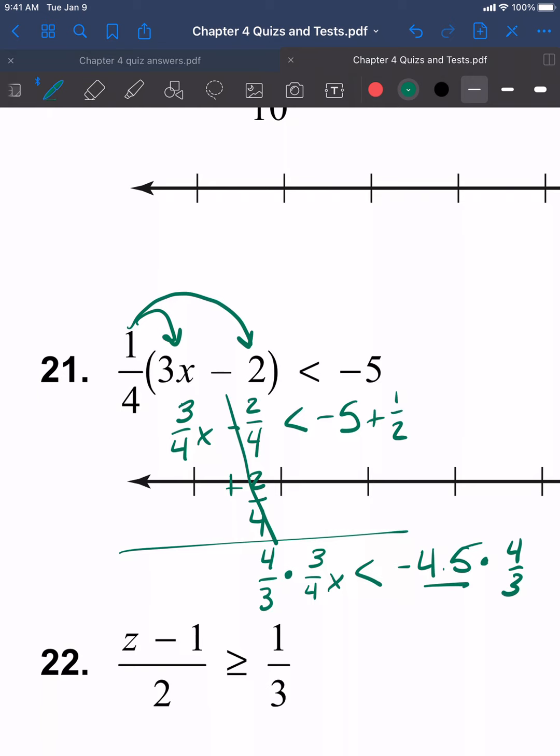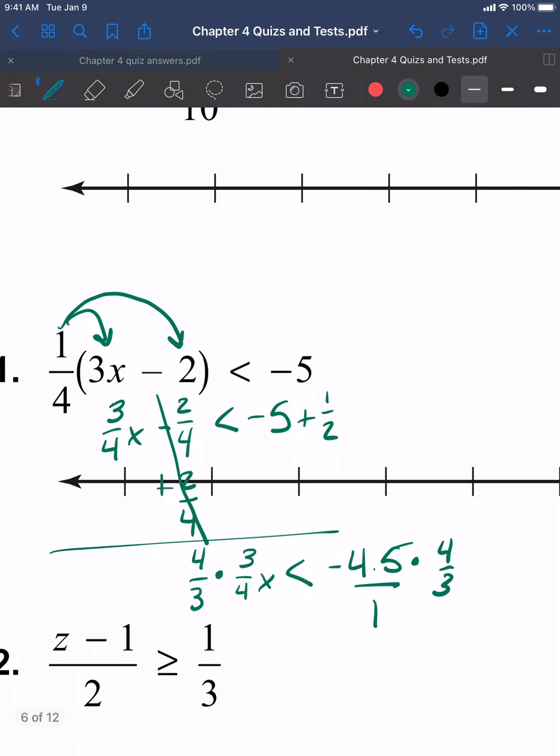Oh boy, this is a lot of work. Do you want me to do this on my calculator real quick for you? What's 4.5 times 4? You're close. 17. Close. 18. What's 18 divided by 3? 6? Is this going to be a positive 6 or a negative 6? Negative.